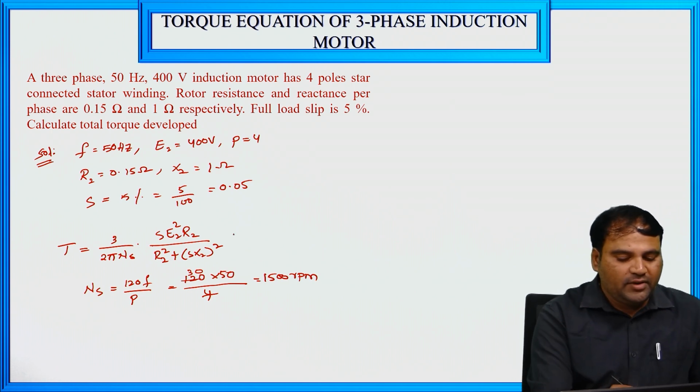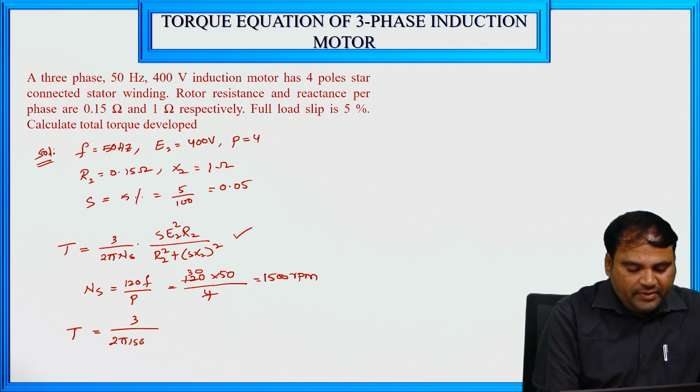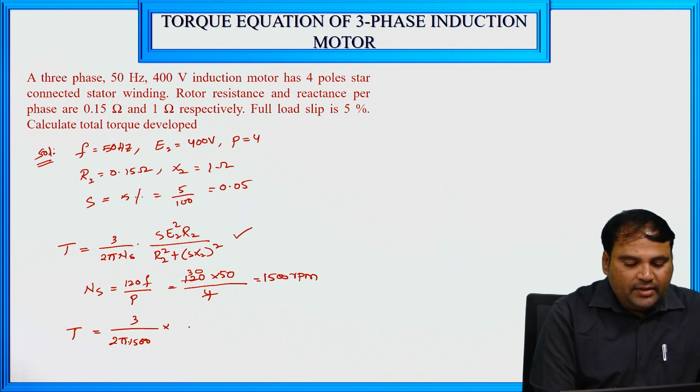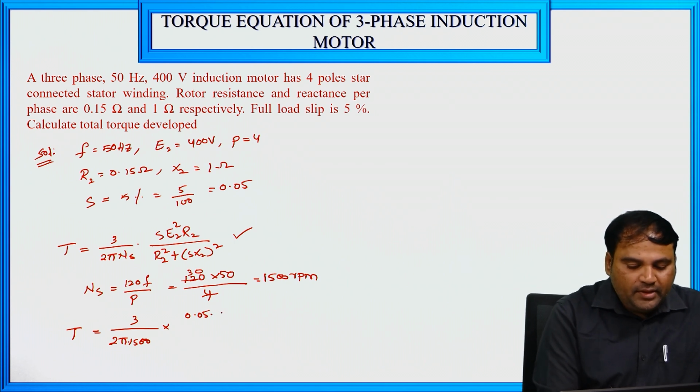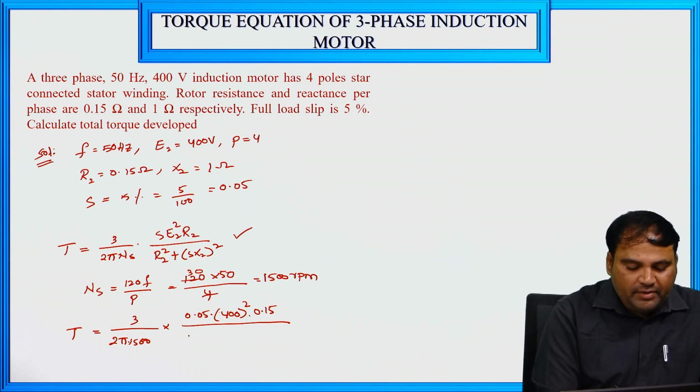Now substitute all the values in this torque equation. We get T equal to 3 by 2 pi Ns, that is 1500, into the S value given, 0.05, into E2 400 square, into R2 0.15, divided by R2 value 0.15 whole square plus S 0.05 into X2 value 1 whole square.